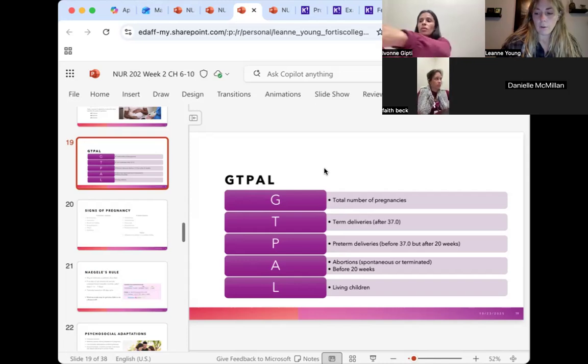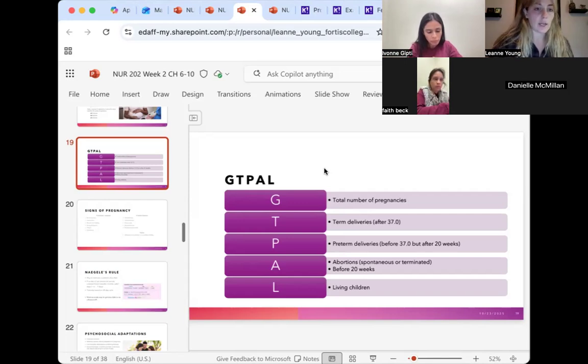She delivered her fourth at 38 weeks. Her third pregnancy was a miscarriage at 12 weeks. Her second pregnancy was a delivery at 35 weeks. And her first pregnancy was a miscarriage at 6 weeks.